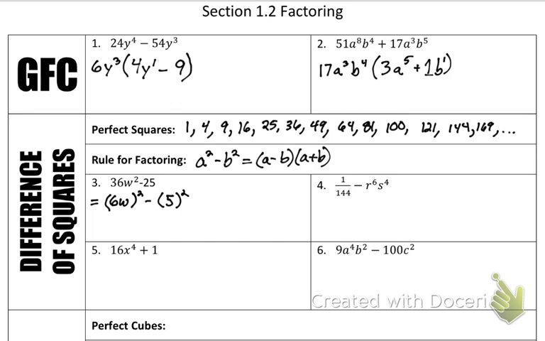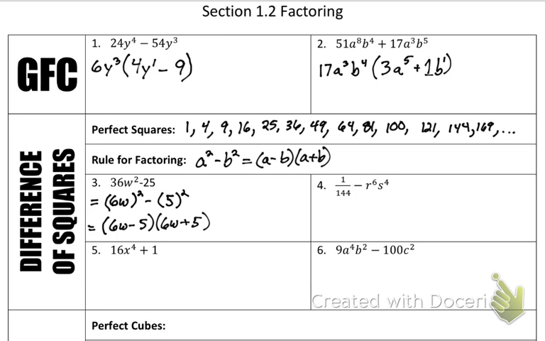So 6w squared does equal 36w squared. So now I have something squared minus something squared. This something goes in for all of my a's, and this something goes in for all of my b's. So we're going to rewrite this as my a is 6w minus my b, which is 5, times 6w plus 5.